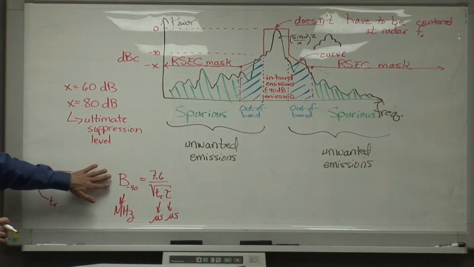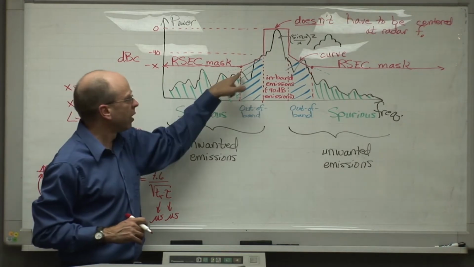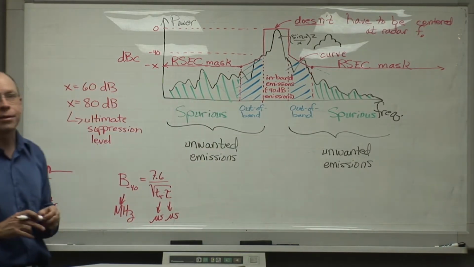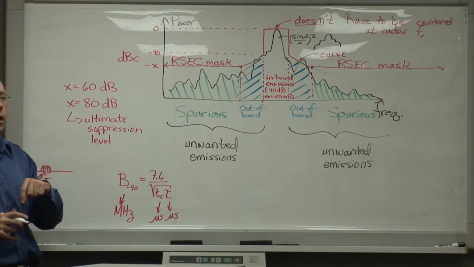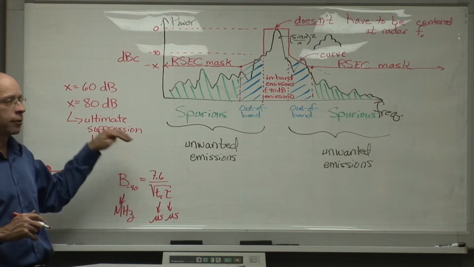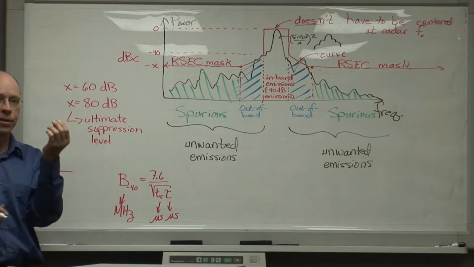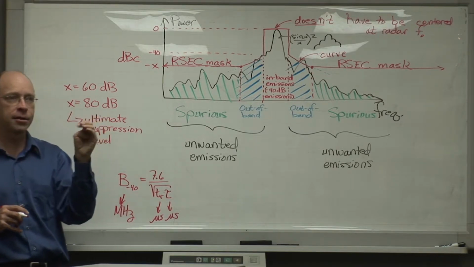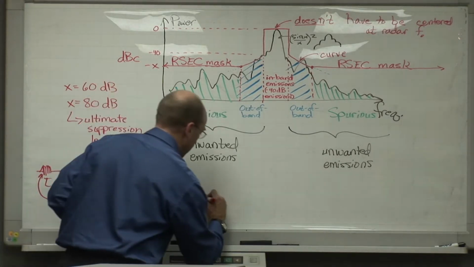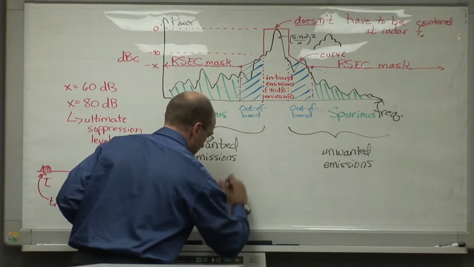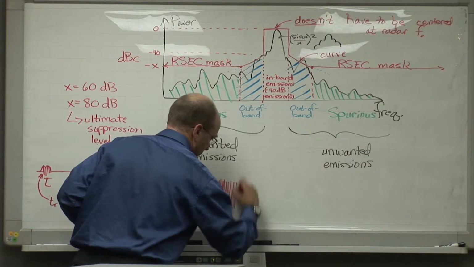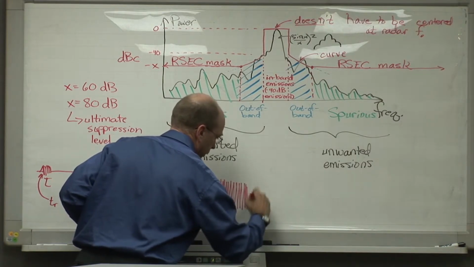And this part of the emission mask, along with the roll-off and emission mask, is based on a theoretical analysis of what a radar emission spectra should look like, given that the radar puts out pulses with certain pulse widths and certain rise times, which are assumed to have envelopes which look like this. Here's the RF.